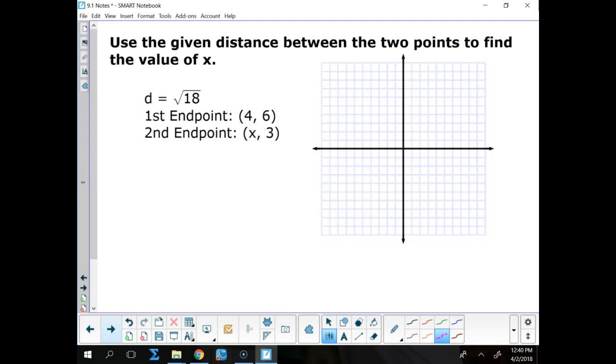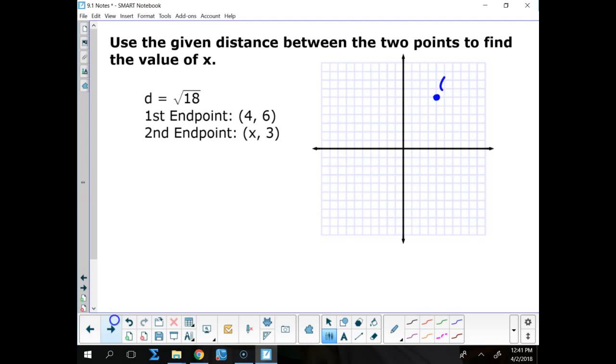Last style of question is, given the distance, find possible values of x between those two. Okay? Now, I'm going to graphically show you this problem, but you don't need to have a graph to do this problem. So just pay attention here at first. The point 4, 6 is right there.